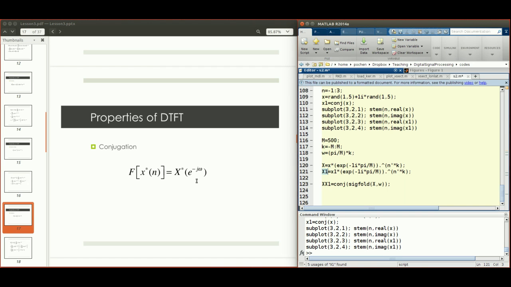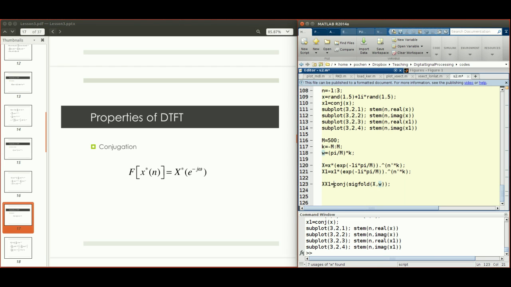What I was telling you, the right-hand side involves two operations. One is the folding to account for this minus sign. So here we're actually doing a sigfold of big X(W). Big X is the Fourier transform of the original sequence x, and its horizontal axis is W. That's a sigfold.